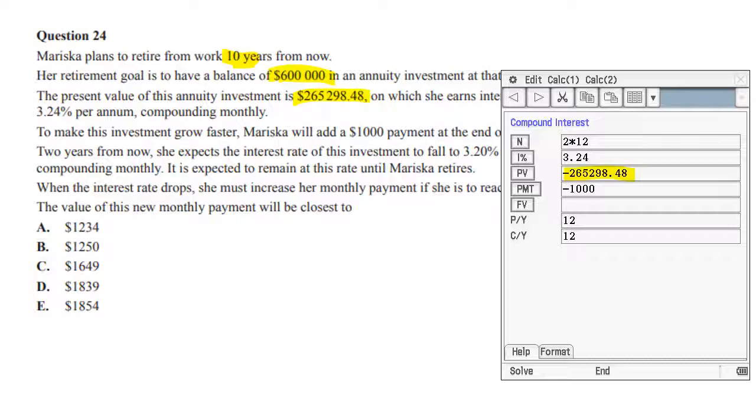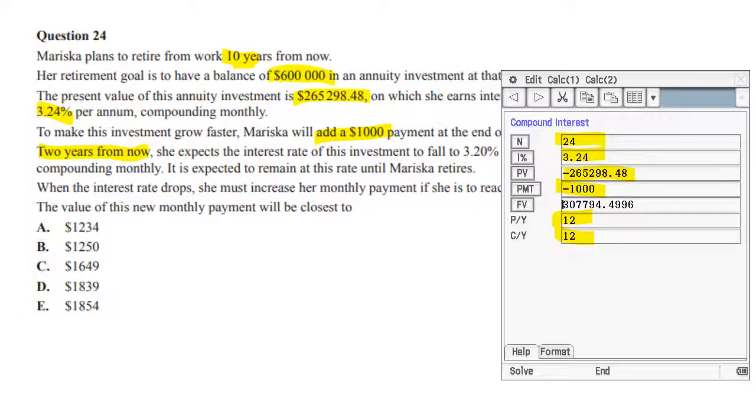So I made it negative because there's money being put into the bank, and they give us an interest rate of 3.24, so I put 3.24, and they say 2 years from now the interest rate is going to change. But so that's why I've done 2 times 12, because we know it's monthly, which is why I got the 12s here. And she's adding a payment to the bank, so it's minus 1,000.